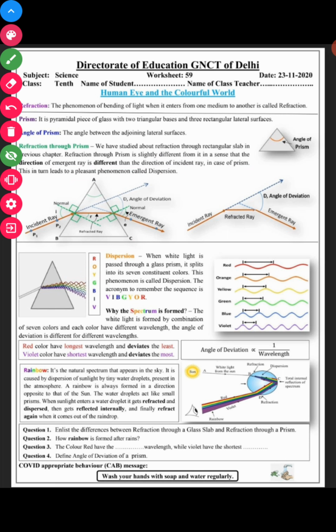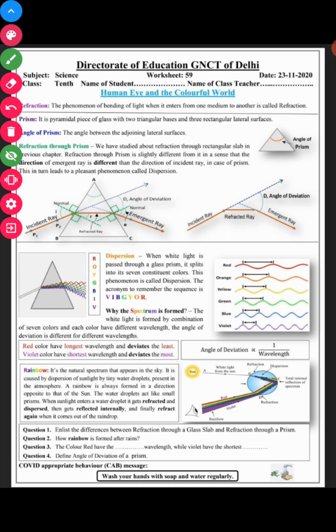Okay, so see, this is the angle of deviation. The incident ray has to move this way, but due to the change in medium it moves towards this path, and again it deviates from its path and is called the emergent ray. The angle between these two is called the angle of deviation.